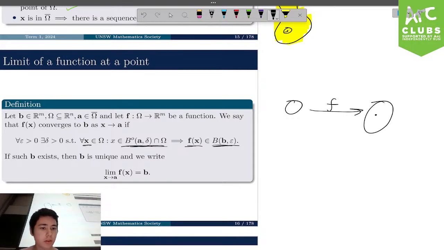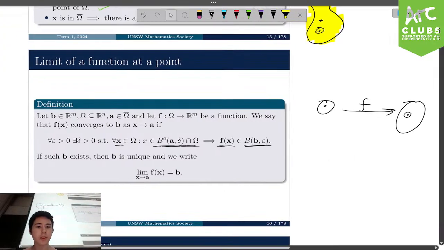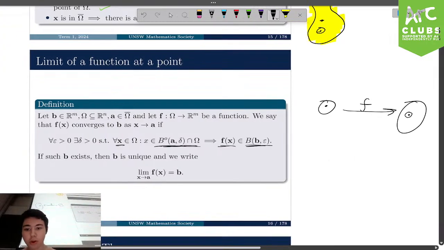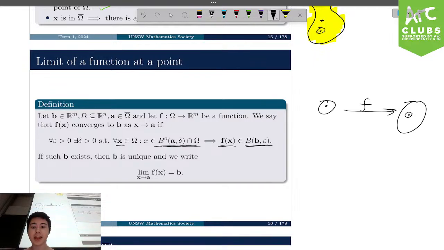If I say A over here goes to B over there, entertain me. If I say epsilon is going to be this big, so I have a ball there, then for there to be convergence as x approaches A, so whatever point I'm using here gets closer to A, it must exist within some ball size to get there.